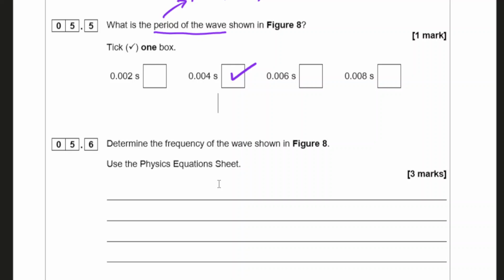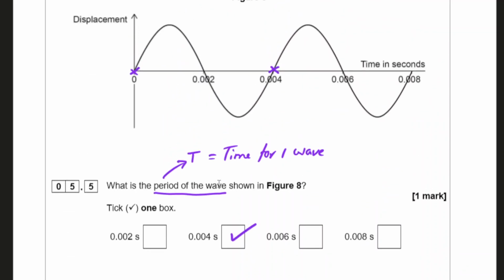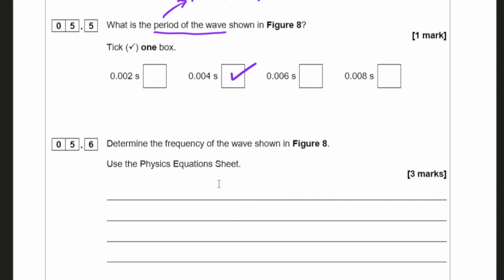Determine the frequency of the wave in figure 8. Use the physics equation sheet. How do you determine the frequency? Well, the wave period, which is capital T, is equal to 1 over f for the frequency. So we determined that the wave period is 0.004.